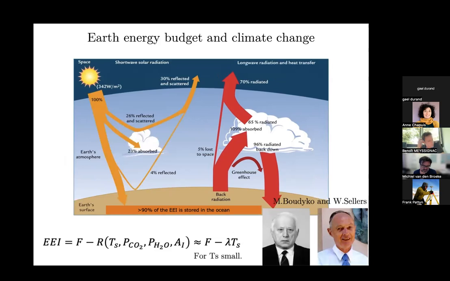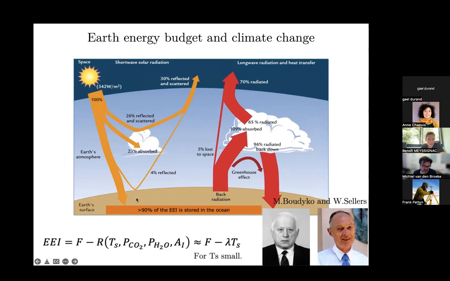In 1965, Mikhail Budyko and William Sellers showed that under increasing CO2, there was another response. There is a radiative response in the visible part of the spectrum, and this affects the albedo. And this feedback from the albedo has to be taken into account, making the radiative response of the Earth still more complicated.